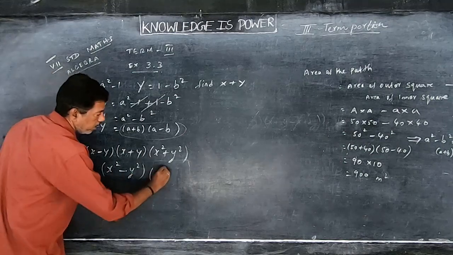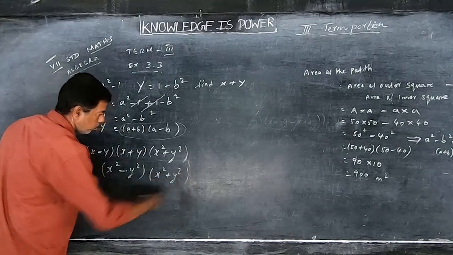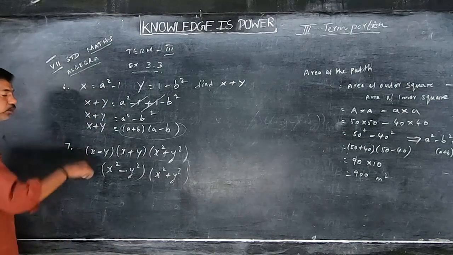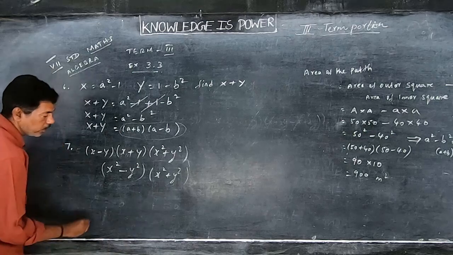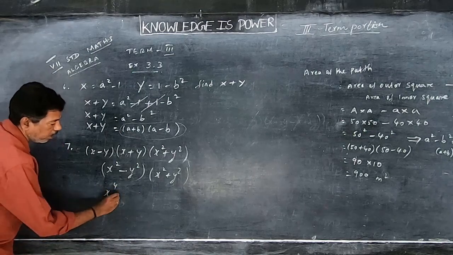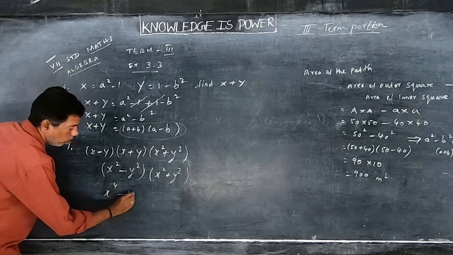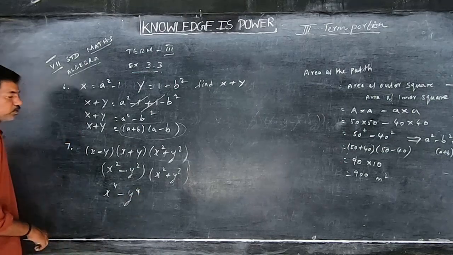This will be x square plus y square. Now think that this is a minus b and this is a plus b. After splitting that, x power 4 minus y power 4. So this is the answer.